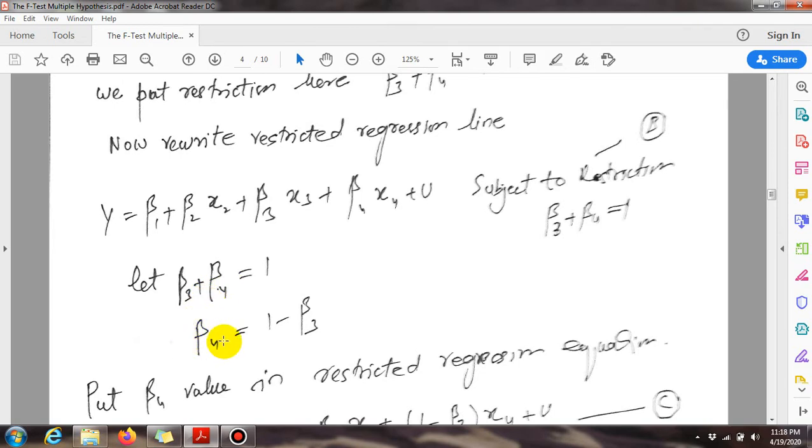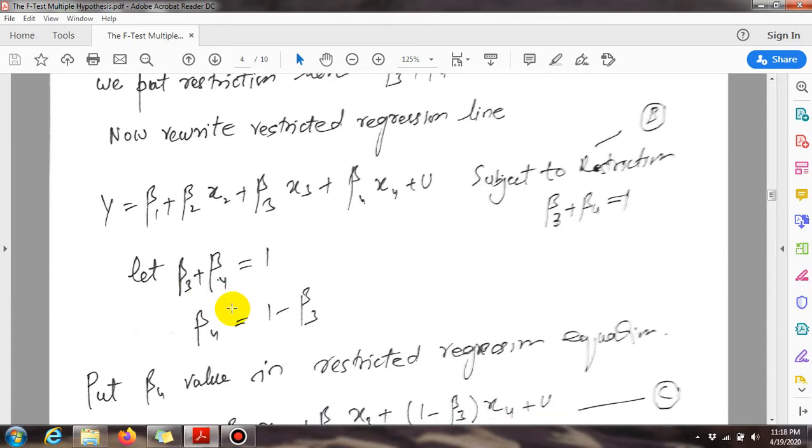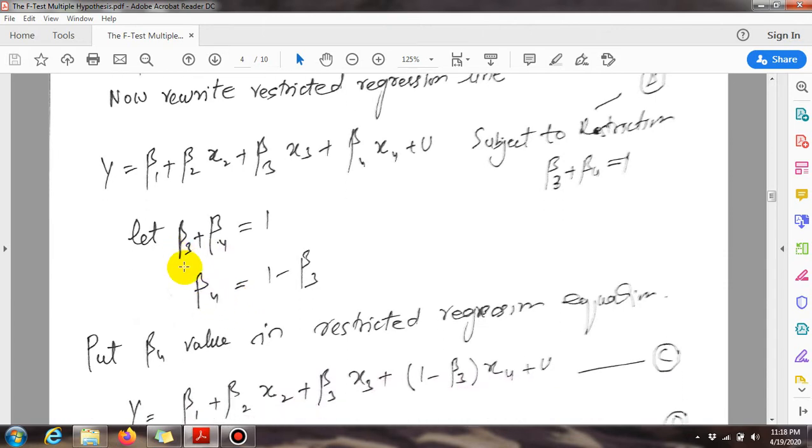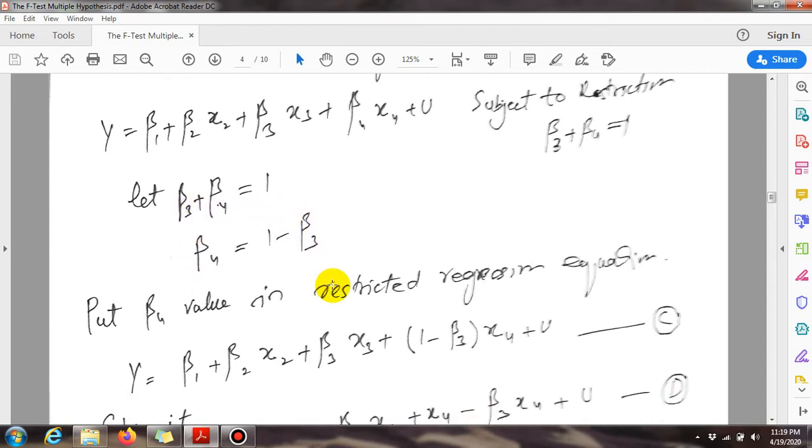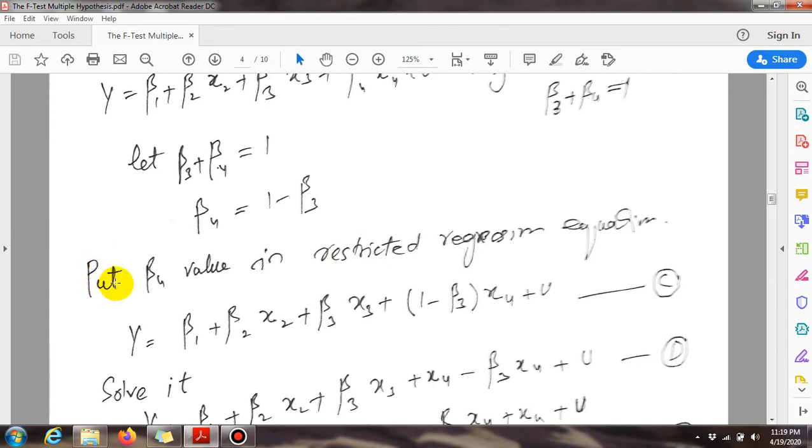Now we can solve it for beta 3 or beta 4; you can use any parameter. Here we are using beta 4, so we get the value of beta 4 as 1 minus beta 3, with beta 3 moved to the other side of the equal sign. Now put the value of beta 4 in the restricted equation.